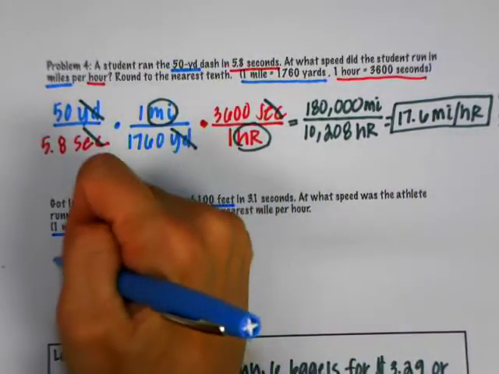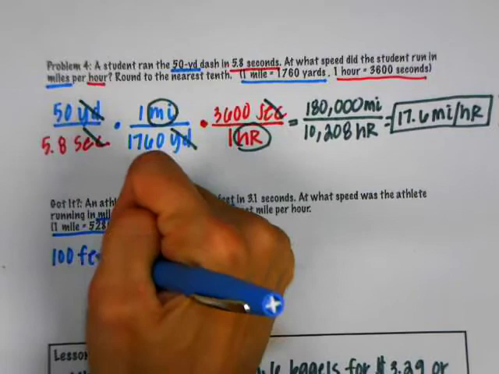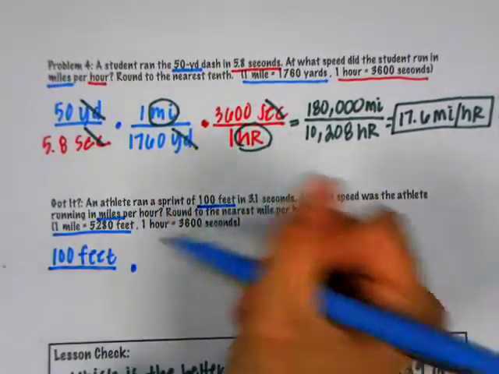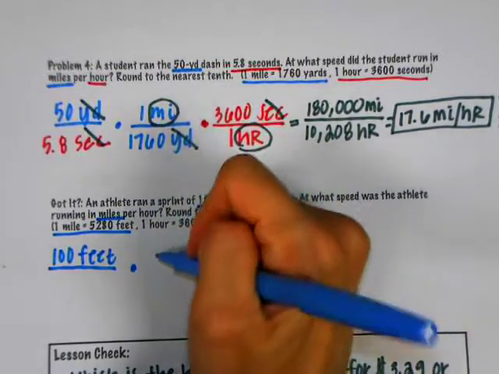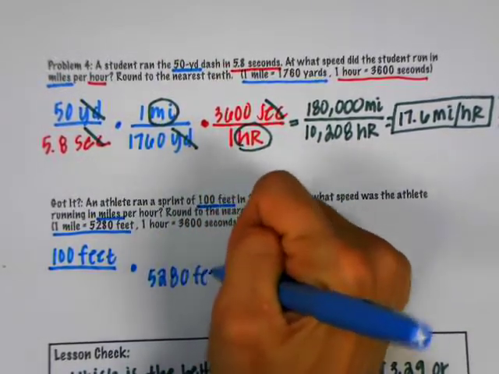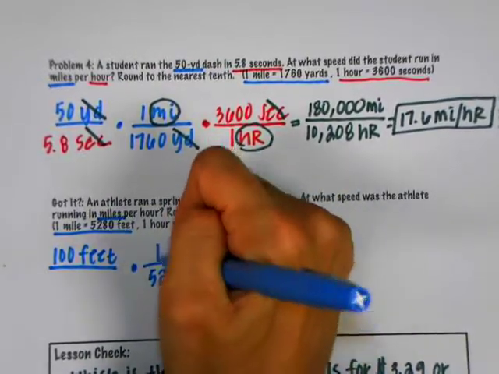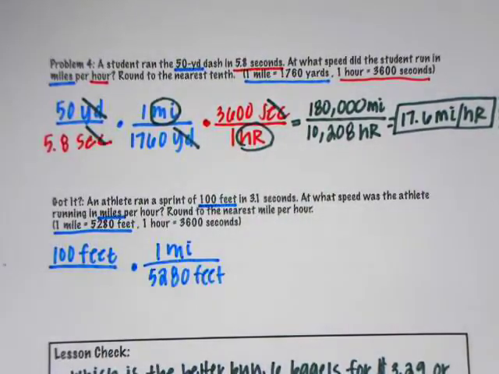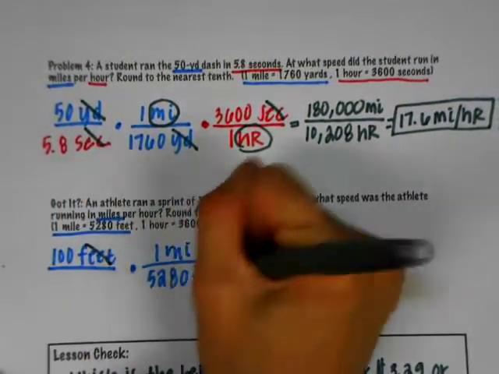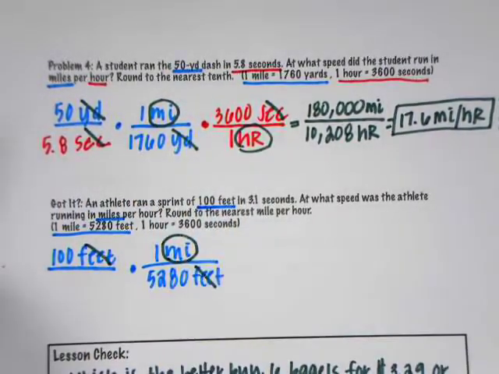So we start with 100 feet. And then that means feet should be on the bottom. So you have 5,280 feet is 1 mile. Okay. So this goes away, and we're left with miles.